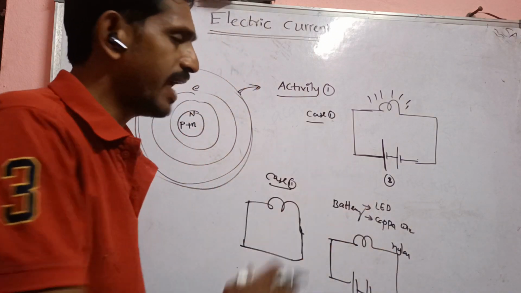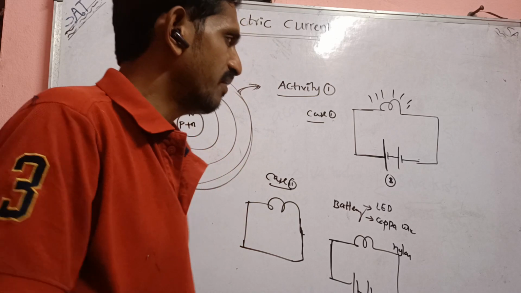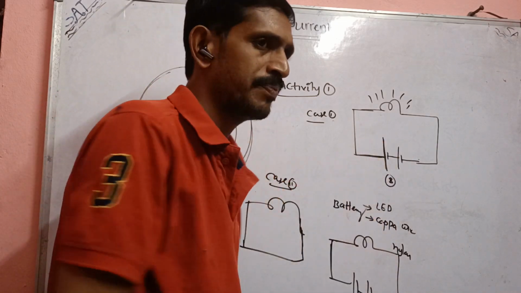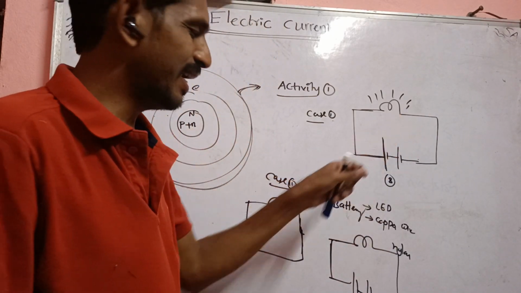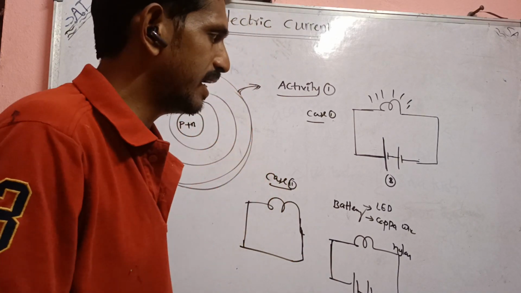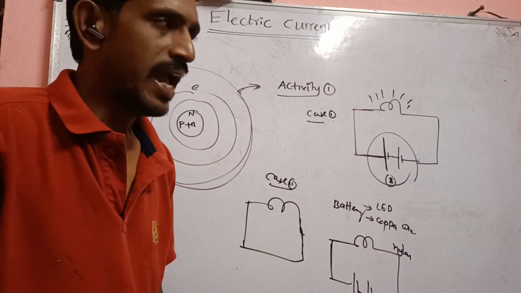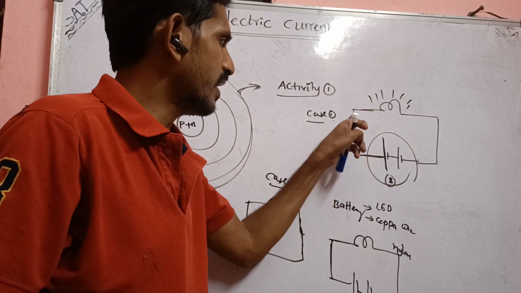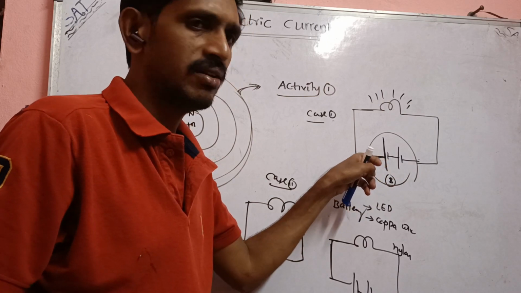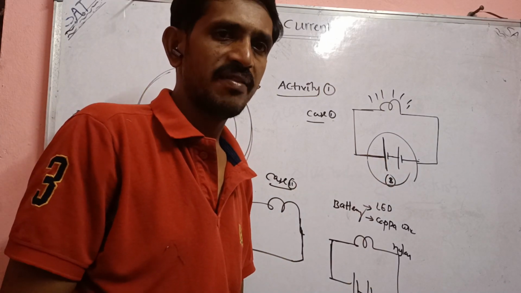From this entire activity, we should understand that in the first case the bulb will glow. In the second and third cases, the bulb will not glow, because the battery itself provides the energy, and copper is a conductor which has free electrons.